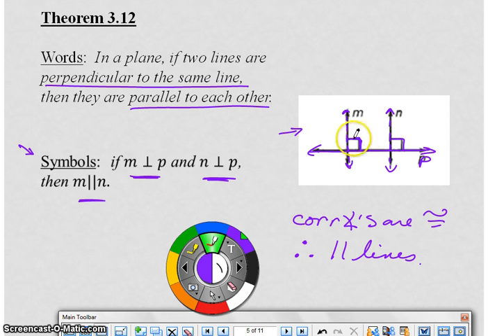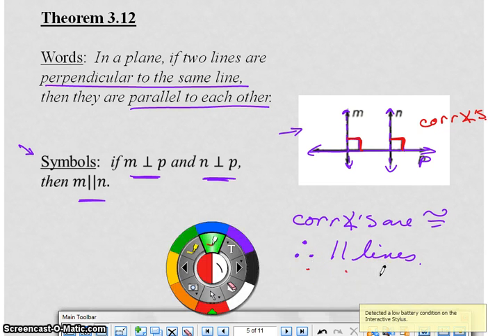We have this right angle marked, and then we have this right angle marked, and those are corresponding angles. So if corresponding angles are congruent, then we have parallel lines. But it's this theorem right here, theorem 3.12, that says, hey, they're not just corresponding, they're perpendicular. So if you get right angles, then you also have parallel lines.